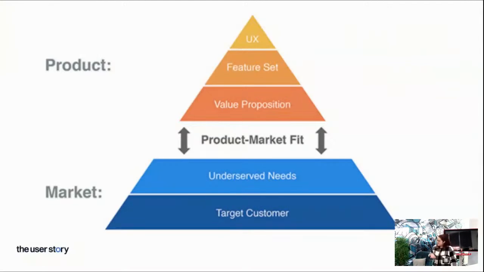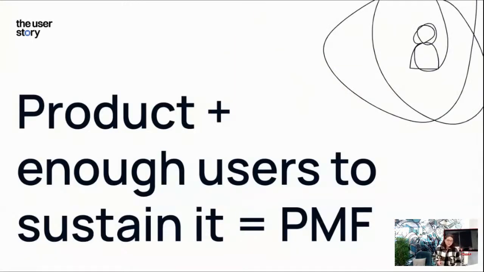But if you don't get the two to meet in the middle, you don't have product market fit, because you can have a product with no users, you can have people with problems who have no product to help them with that thing. But in its most simple form, product market fit is having a product and enough users to sustain it effectively in itself. So if you can do that as a business, as a product, you are saying that you have product market fit. You have solved someone's need and people are actually paying, hopefully, to use the thing that you've made.